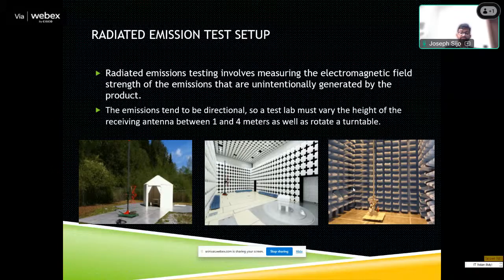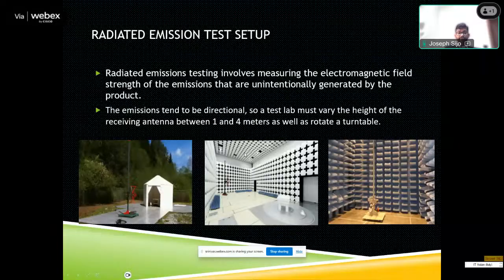There is no reflection. So for example, if this device is checked when it is powered on, the maximum EMI radiation will be measured from this antenna, and there is no reflection from the ceiling or wall.